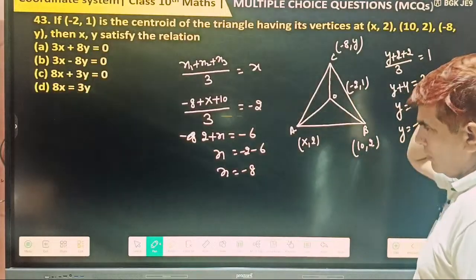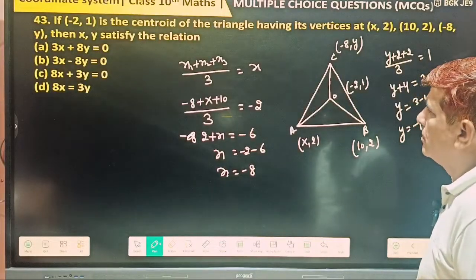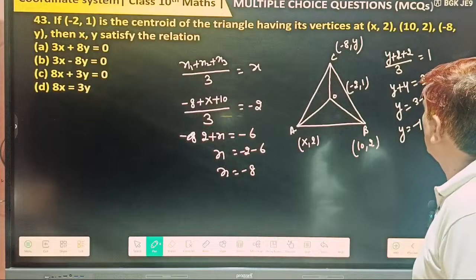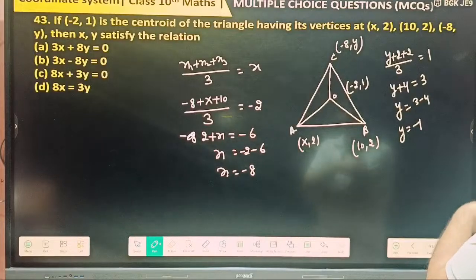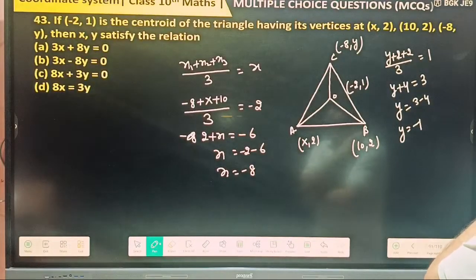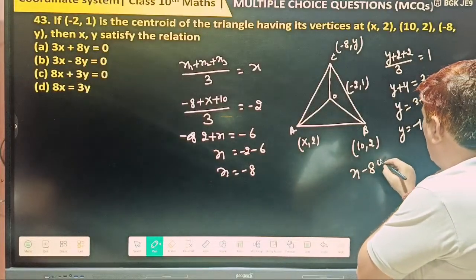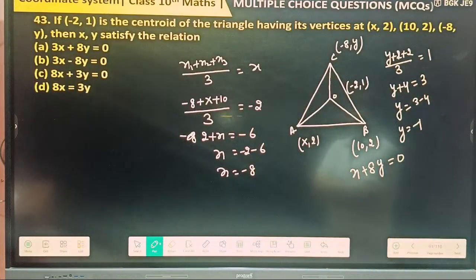So what's the relationship between these? x equal to minus 8, y equal to minus 1. So what's the relationship between them? x minus x plus 8y equal to 0. Yes or no? Here not given. So once more we will check.